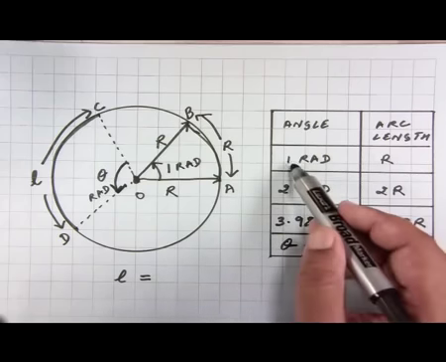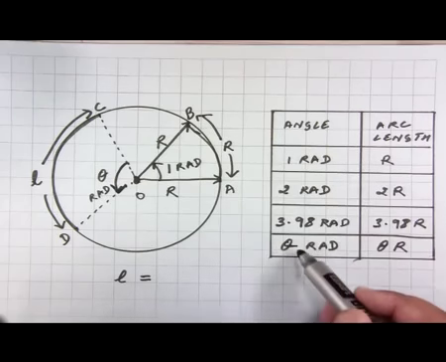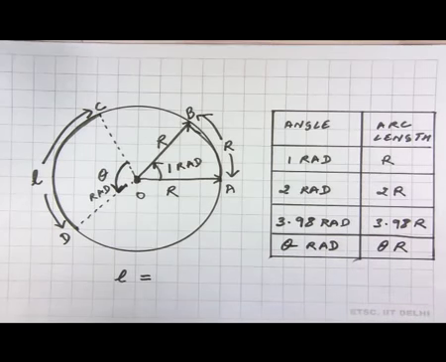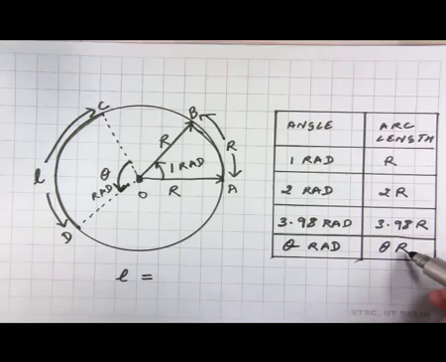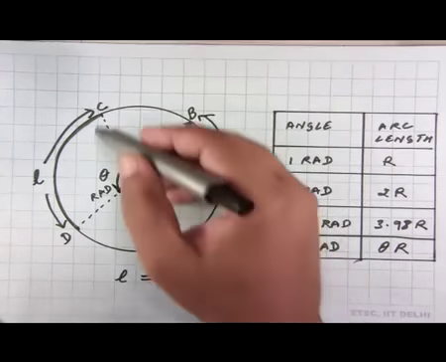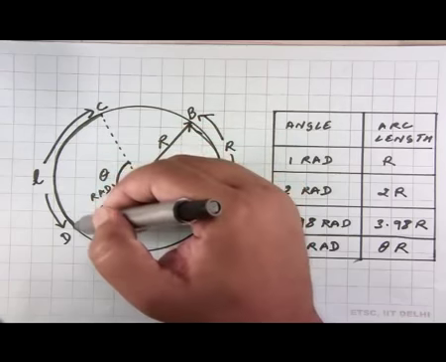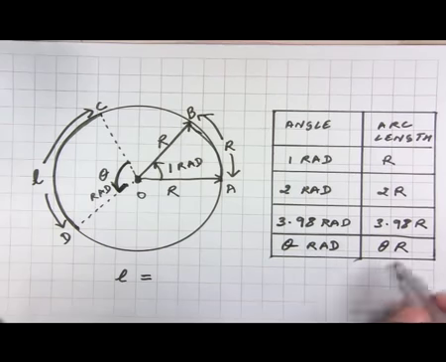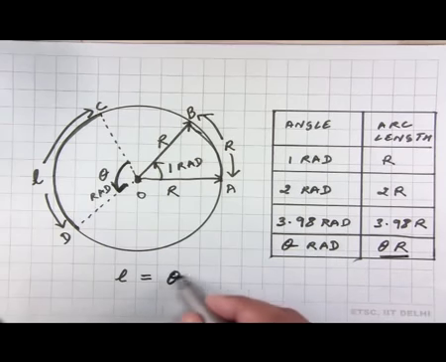So, there is a multiplying factor of theta here going from 1 to theta, and therefore, the arc length should also increase proportionately from r to theta r, and that is how we get our answer, that the length of this arc corresponding to this angle of rotation theta will be equal to theta times r units.